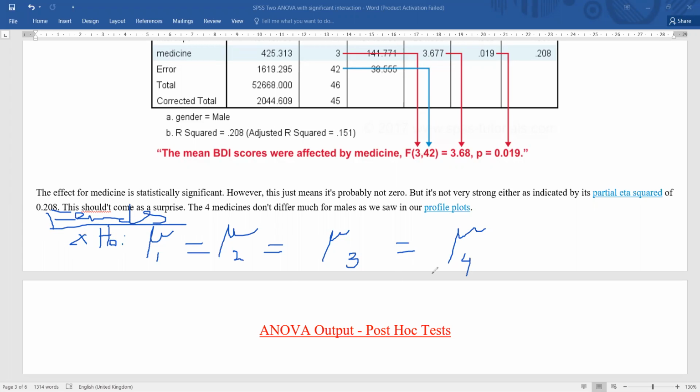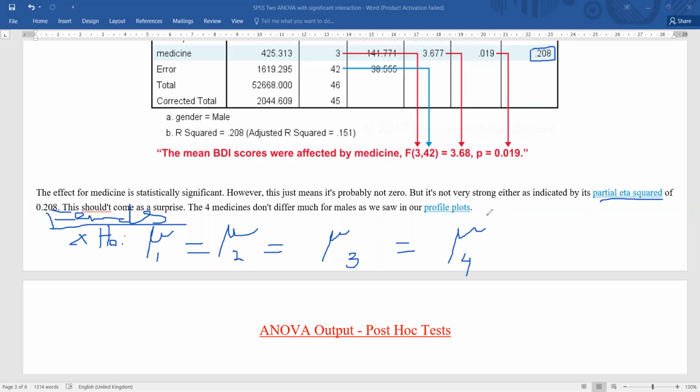So we can apply the post hoc for comparing the effect of different medicines on the depression. Eta square is another thing. Partial eta square is 0.208, which is very small. A higher eta square indicates that we have rejected the hypothesis with a high score.